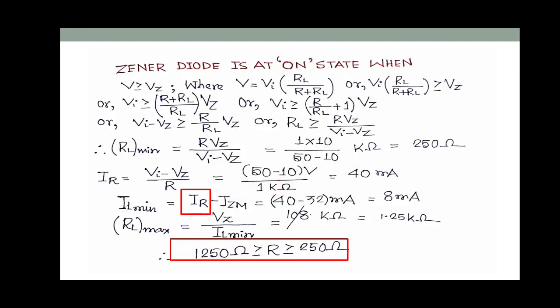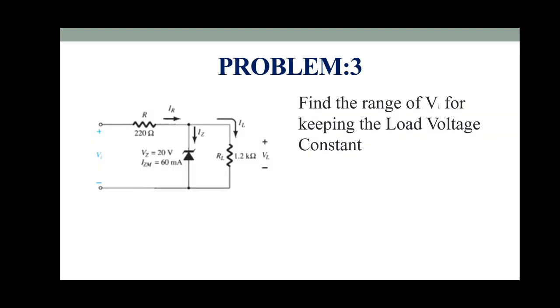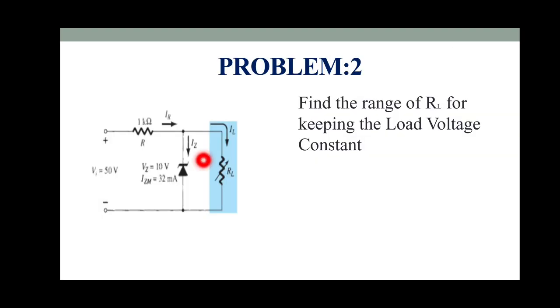Now the maximum value of Zener current is given. The maximum value of Zener current means beyond this the Zener diode may get mutilated due to the heating effect. Now this IR is constant, because IR equals Vi minus Vz by R. R is constant, Vi is constant, and Vz is constant when the Zener diode is in the on state.